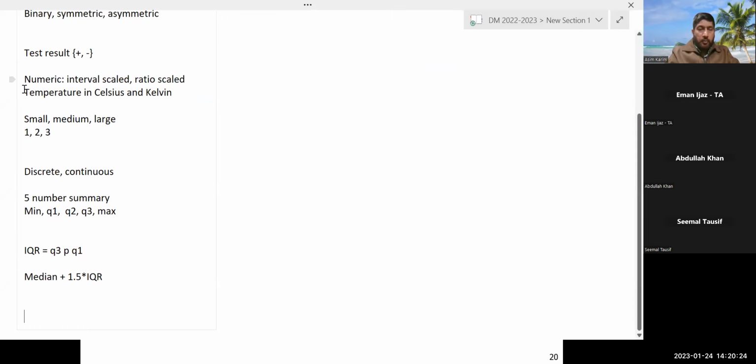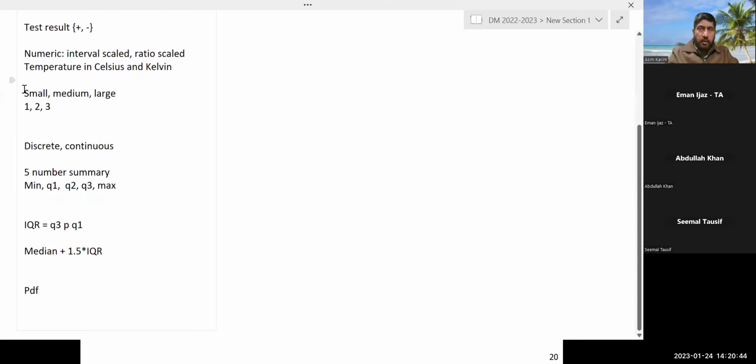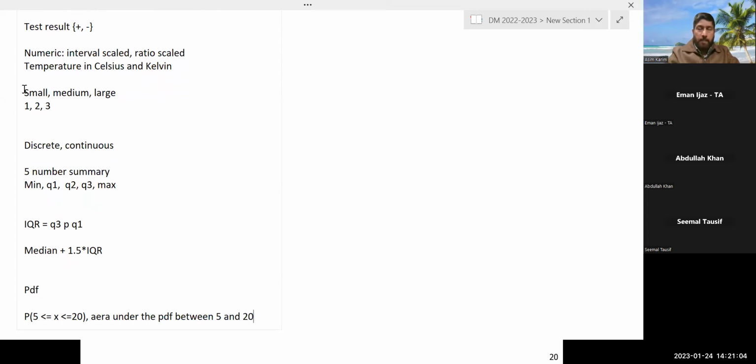For continuous or numeric attributes, you can also plot your standard statistical distribution, which we call the probability density function. So for any numeric attribute, you can plot the probability density function. This value would give you the probability density. If you want to find the probability for any interval, say 5 less than or equal to x less than or equal to 20, this would be the area under the PDF between 5 and 20.